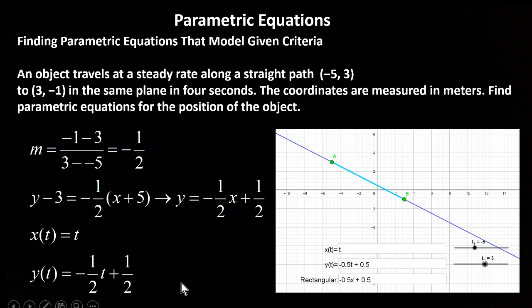We can go back to the same program and change that function to -1/2 x plus 1/2, and parameterize it this way, or you can parameterize it differently. For example, if you let x be t minus 1, then you also substitute t minus 1 here, and you would have different equations, but the same path. The difference is where you start.